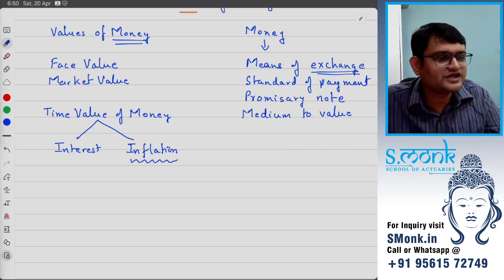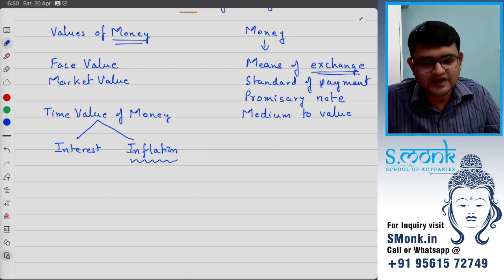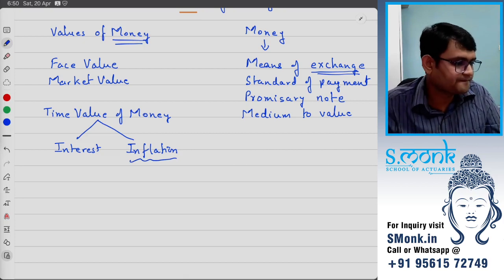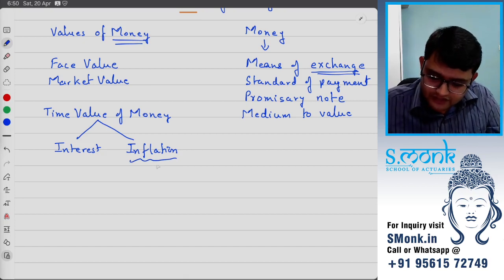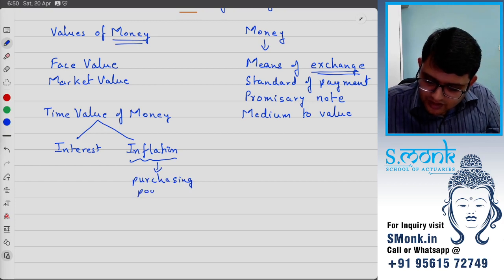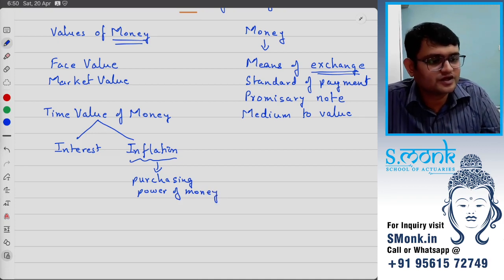You might say inflation will decrease its value. Rather, what does inflation do? We say inflation changes the purchasing power of money. So it's affecting the purchasing power of money.